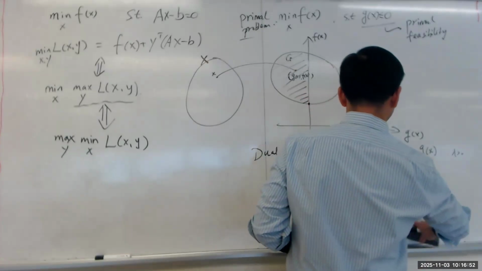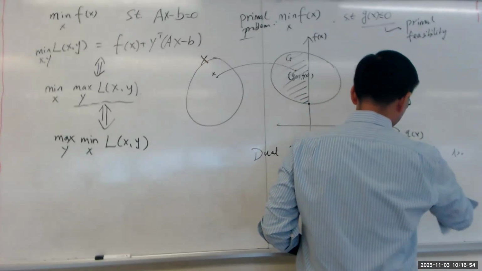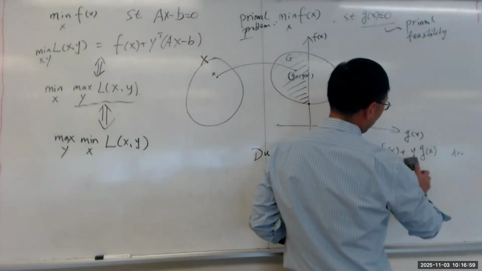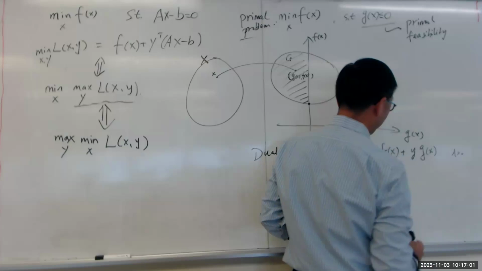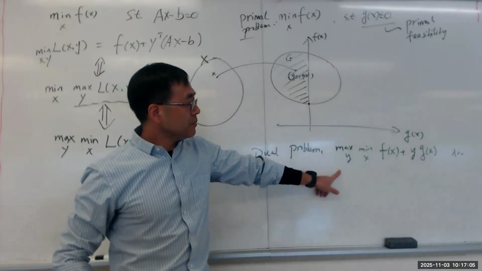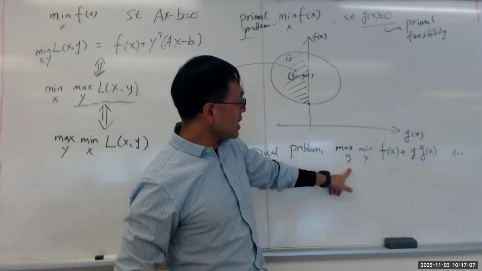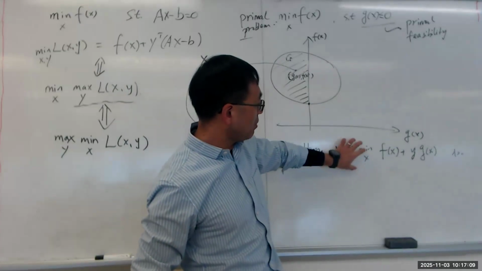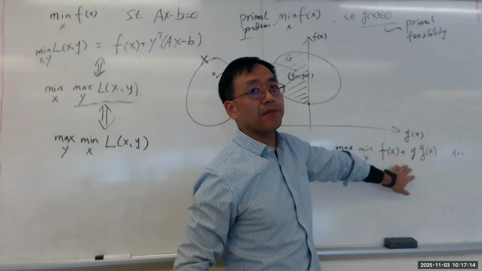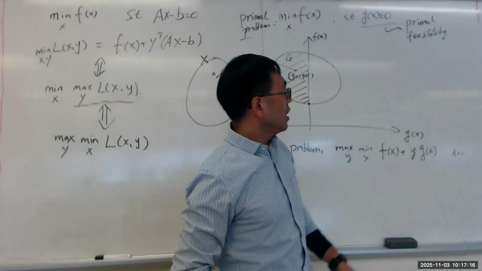I'm using y as my Lagrange multiplier. So when we try to minimize this function, we consider y as fixed.